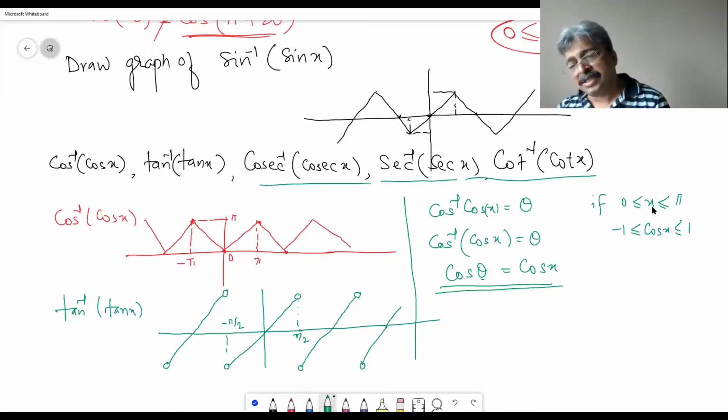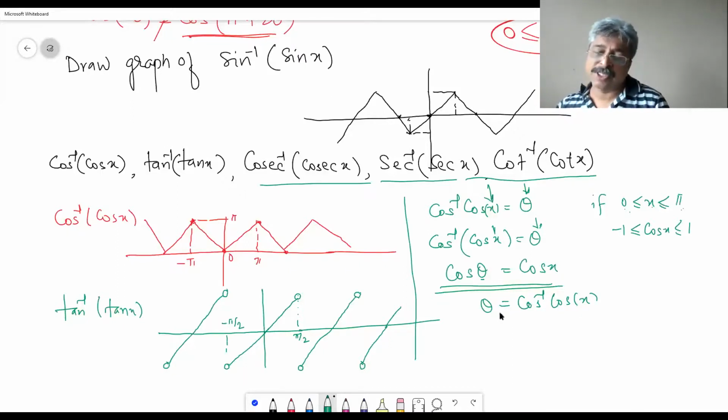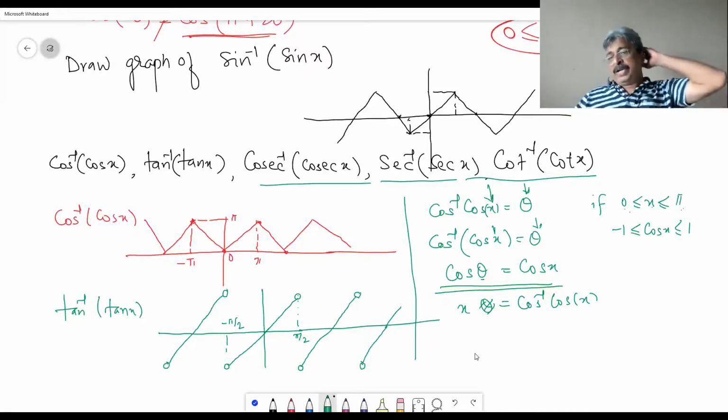Actually, this x is nothing but the theta, and it is in the desired zone 0 to pi. Therefore, I am allowed to take it, so theta is equal to cos inverse of cos x, and I am unnecessarily taking two variables, x and theta. So cos inverse of cos x is going to be equal to x. Maybe I have to give you a better explanation.